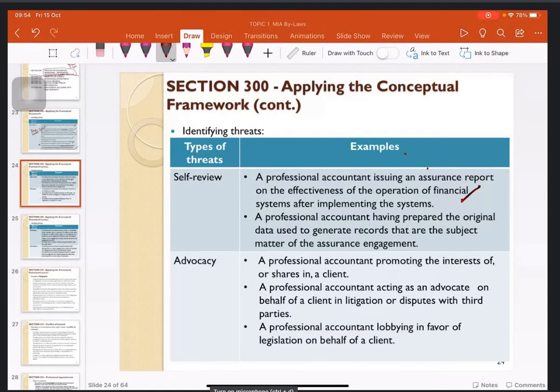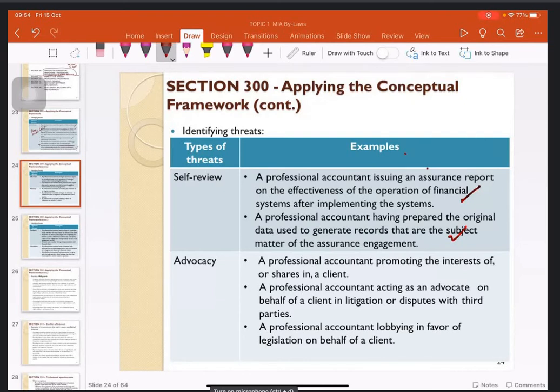Faham ya kelas ya? This one berlaku kalau company tu nak issue prospectus. Kalau nak issue prospectus, dia kena prepare forecasted income statement, okay? And then you need to review the forecasted income statement. The datanya daripada consultancy department, okay? So that one is also part of the self-review track, okay?